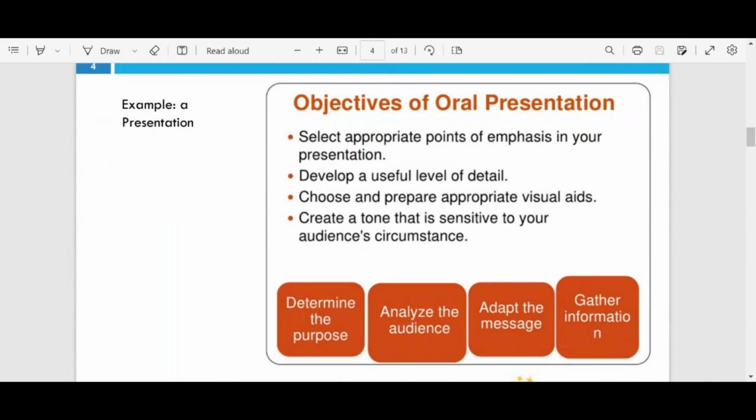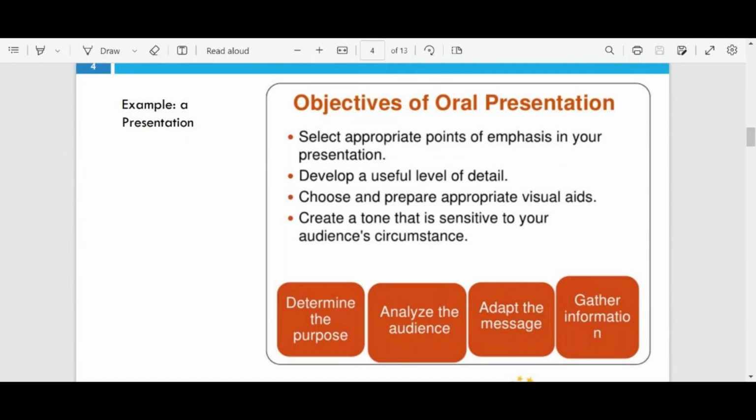Objectives of oral presentation: select appropriate points of emphasis in your presentation, develop a useful level of detail, choose and prepare appropriate visual aids, and create a tone that is sensitive to your audience's circumstances.